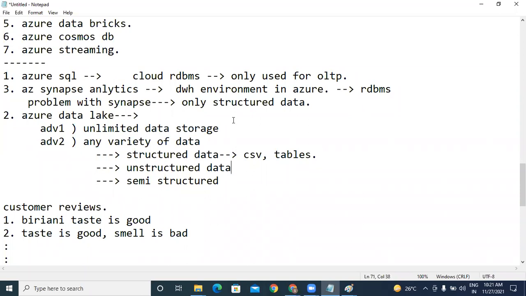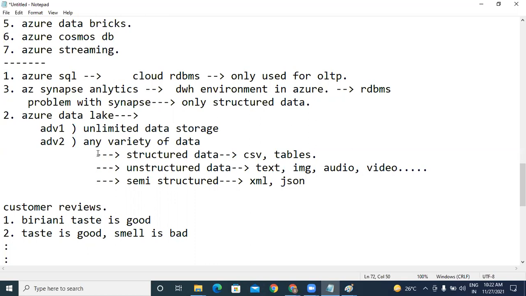Unstructured means it can be audio files, video files, raw text, images, and such kinds of things. Semi-structured means XML, JSON, such kinds of things.